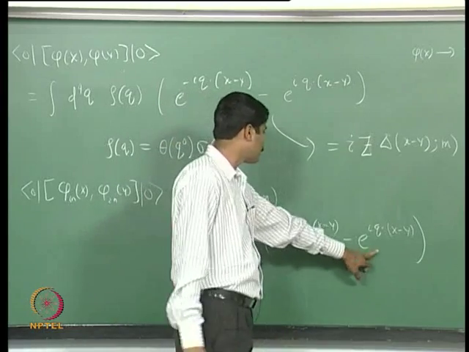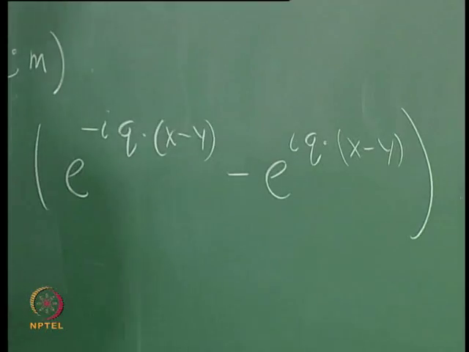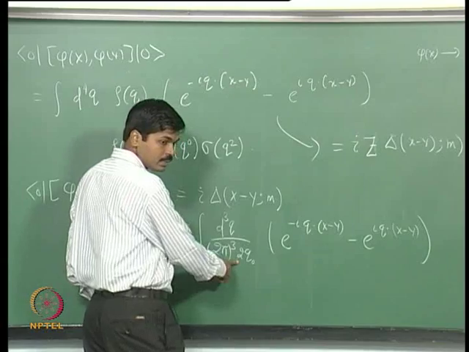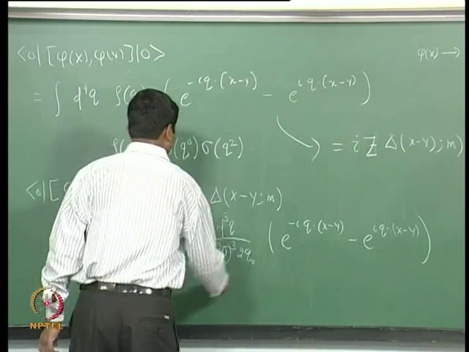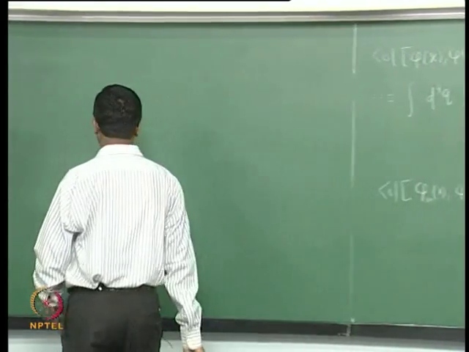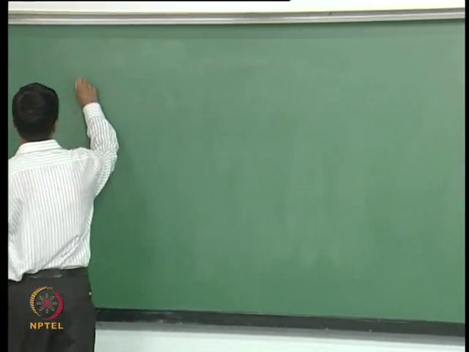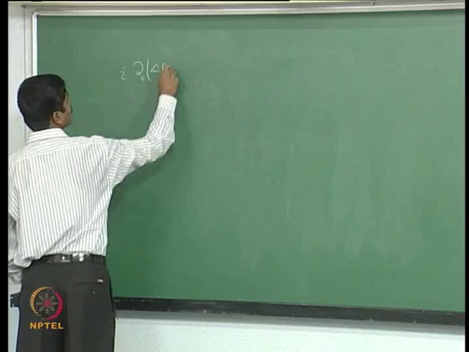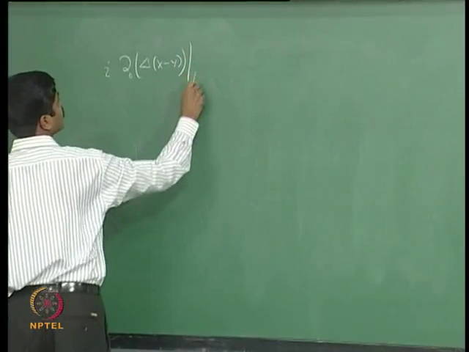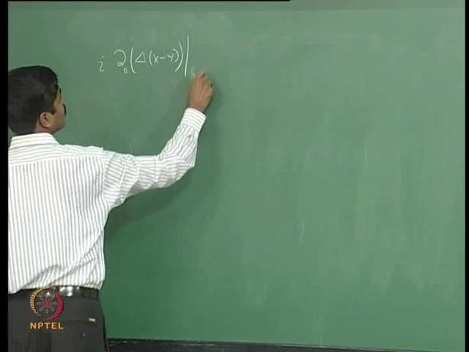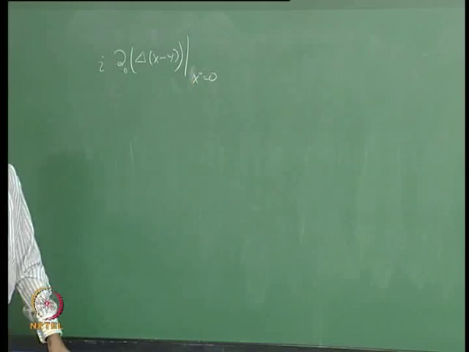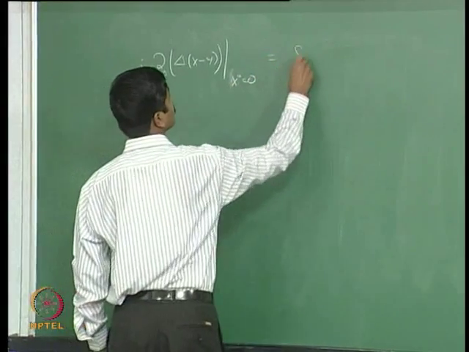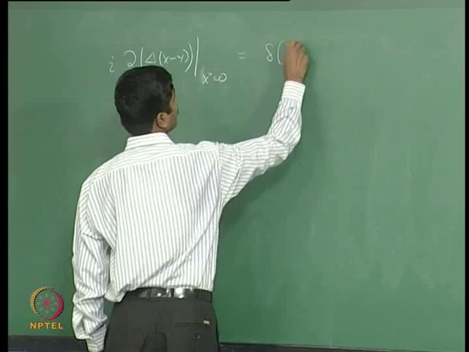Both these terms will be the same, so that will also cancel the factor 2 here. So, you will get a 3-dimensional delta function. So, i del 0 delta x minus y at x 0 equal to 0 is delta x minus y.